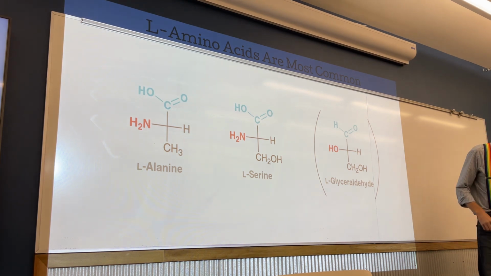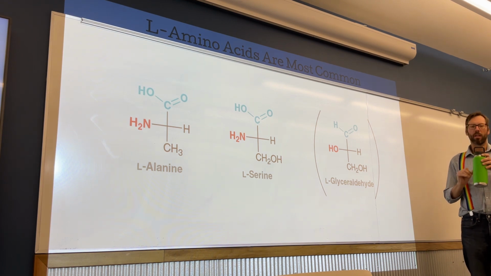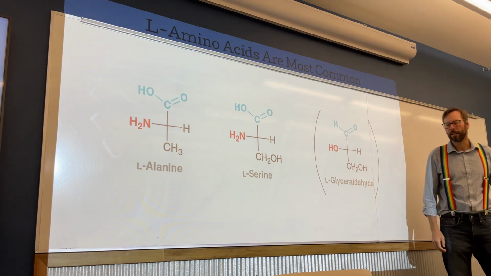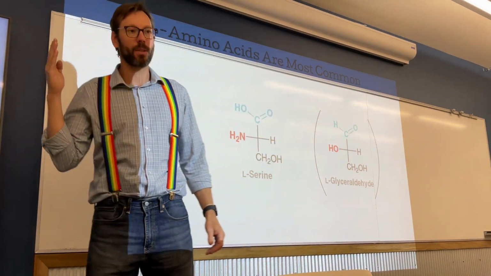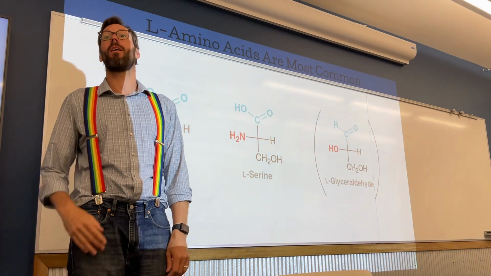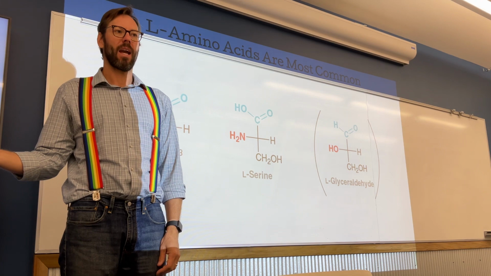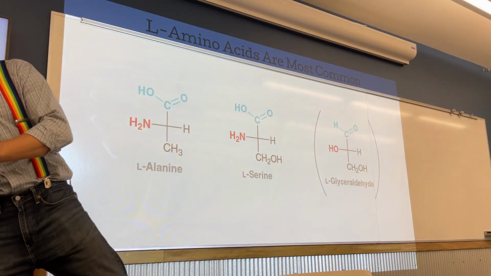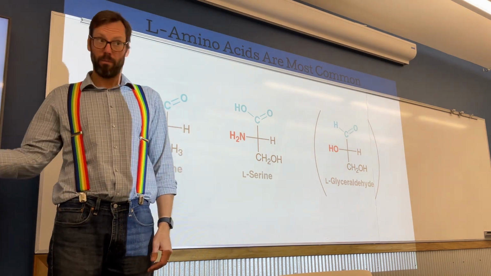Turns out that most amino acids are L amino acids. And that just means, remember we talked about carbohydrates, we said that most carbohydrates are D, right? And I said that we don't really know why. Just could be that the enzymes broke down a D conformer more efficiently.